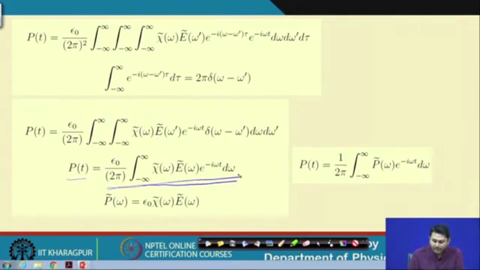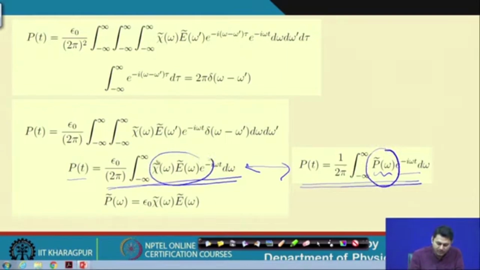If you remember, here it is written that P(t) was already defined in terms of its Fourier component, that is 1 by 2 pi times the integration from minus infinity to infinity of P tilde(omega) and this quantity. So, if I compare these two things, we can find that this quantity should be equal to this quantity multiplied by epsilon 0, other terms will cancel out.